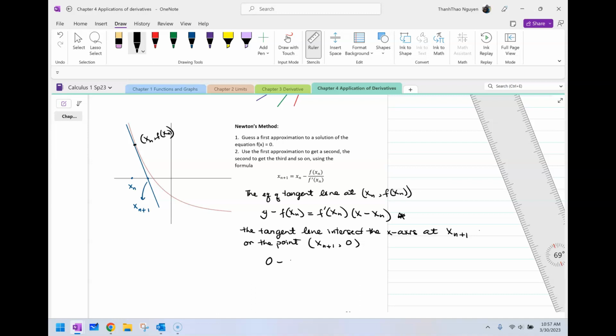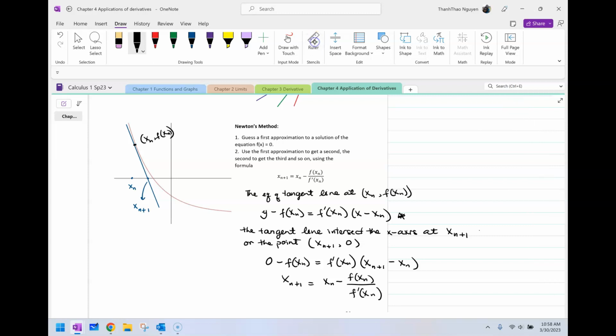Star now becomes 0 minus f of x sub n equals f prime of x sub n times x sub n plus 1 minus x sub n. I'll solve for x sub n plus 1. Then x sub n plus 1 is equal to x sub n minus f of x sub n divided by f prime of x sub n. Okay, so that's how we get the formula. We can find each point approximately using that formula.